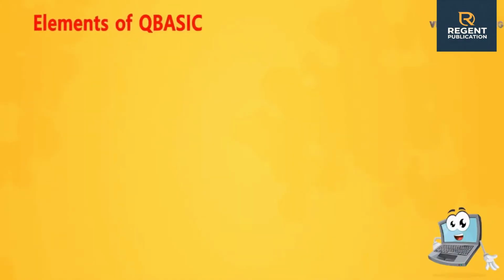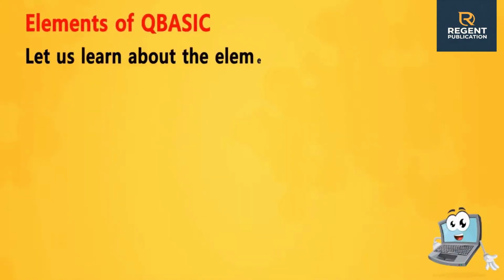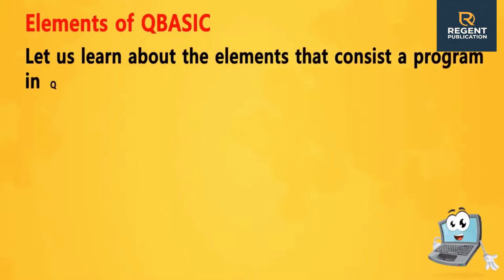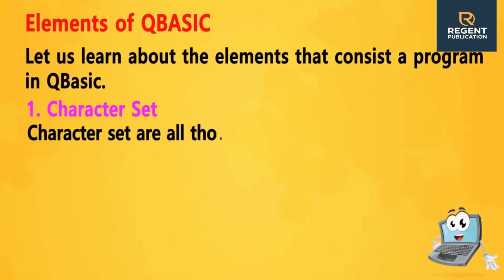Elements of QBasic. Let us learn about the elements that make up a program in QBasic. Character set. Character set are all those characters which are used to write a program in QBasic.